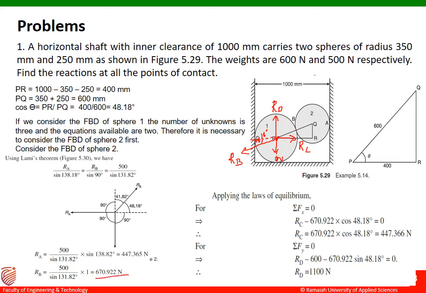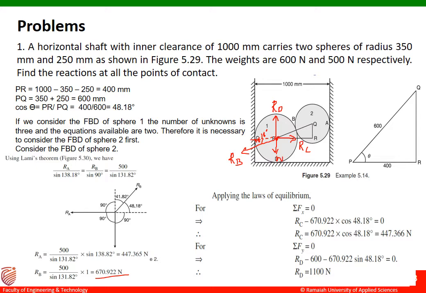Let us take first equilibrium equation, that is summation Fx equal to 0 over there. Fine. So plus RC minus RB. In the previous case, we have found out the answer for RB there. You can see RC is towards the right direction. Plus RC minus RB, that is minus 670.922 into cos theta.